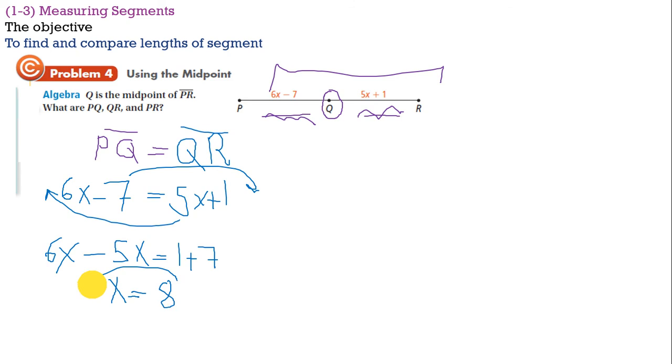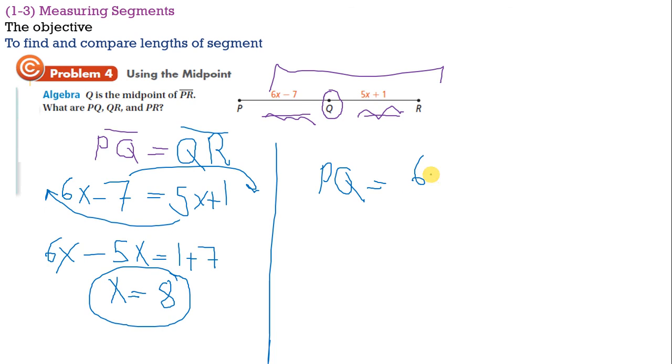Now, did I finish? No, I did not finish. Then I need to find PQ and QR. So let's find PQ, which is equal to 6x minus 7. Take the 8 and substitute it instead of x. So that is 6 times 8 minus 7. You know that 6 times 8 is 48 minus 7, which is equal to 41.